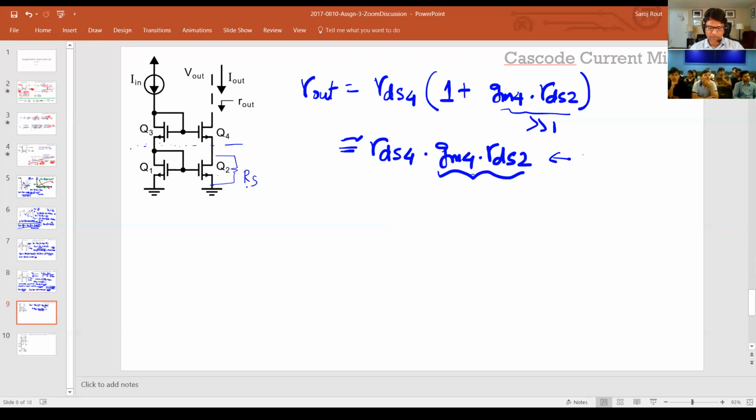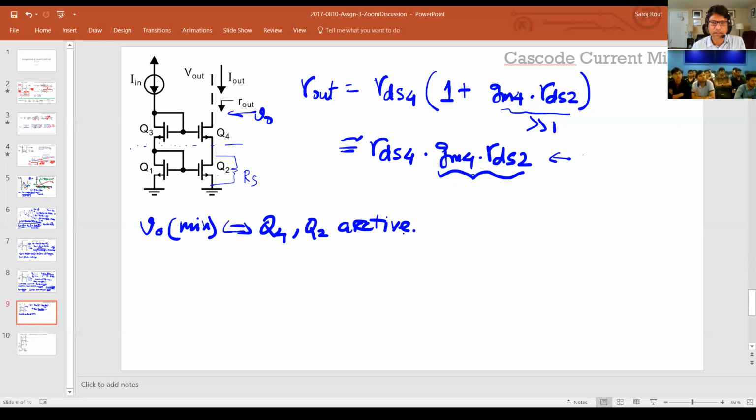So now the question here is what happens to the voltage compliance, right? So let's call this voltage V out. What is now V out minimum such that both Q4 and Q2 are active? So let's say this node voltage, we call this VD2.